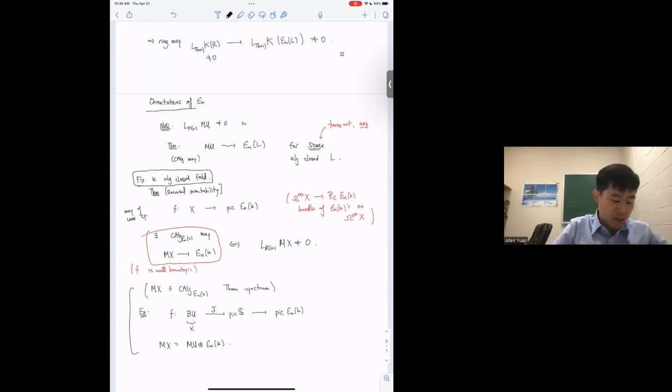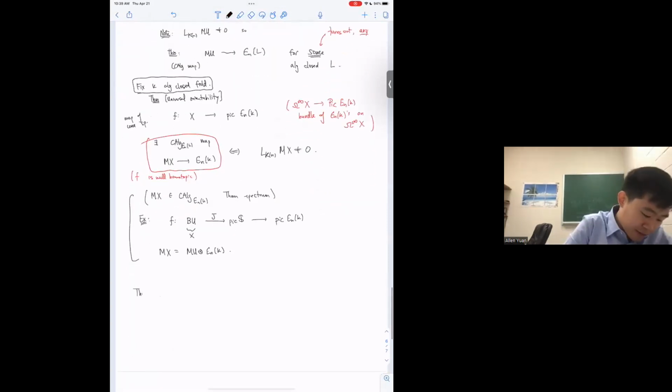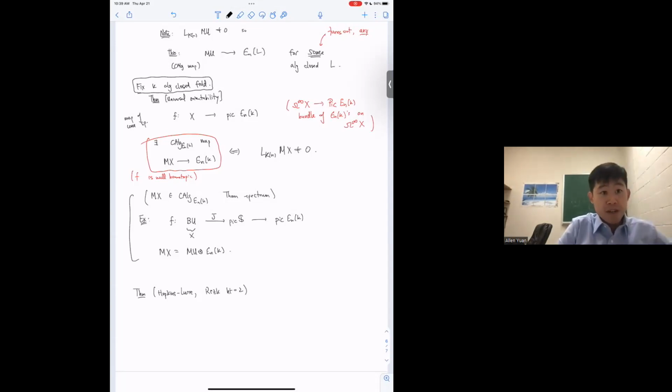And so that allows you to reproduce a calculation of Hopkins and Lurie, an unpublished calculation, which was also known to Rezk at height 2. The calculation is about maps of Eilenberg-MacLane spectra into the Picard groupoid.